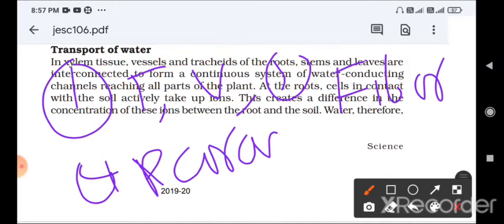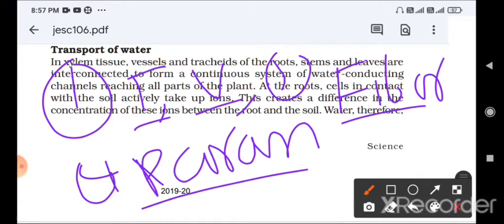These are the four parts by which xylem is constituted: tracheids, vessels, xylem fiber and xylem parenchyma.